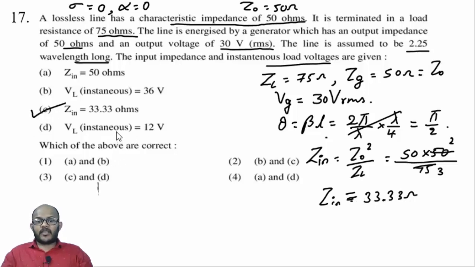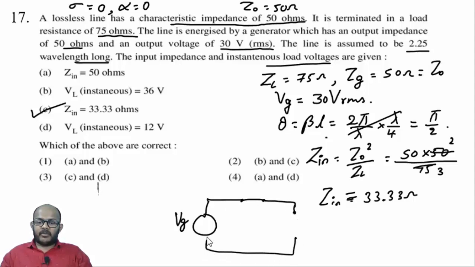C is correct. Now we have to calculate the load voltage. The generator voltage they have specified is 30 volts and the characteristic impedance is 50 ohms. It is terminated by a load impedance of 75 ohms.